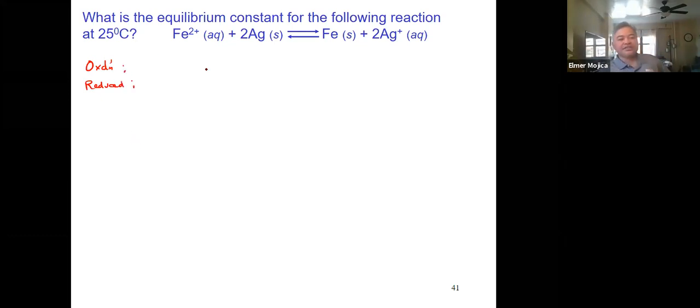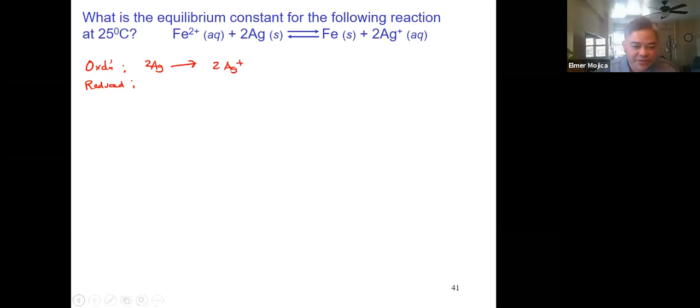So which one is oxidized here between the two? Anyone? Is it silver or iron? It's silver. Why? Look what you have here, silver, and then it becomes more positive. When do you become positive?